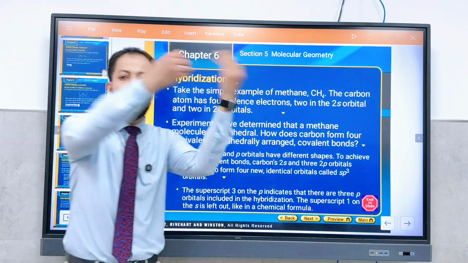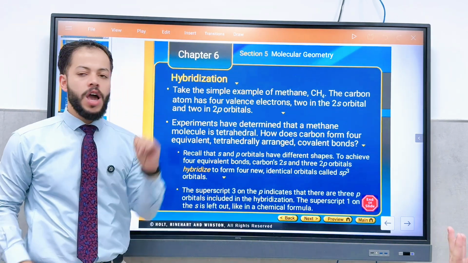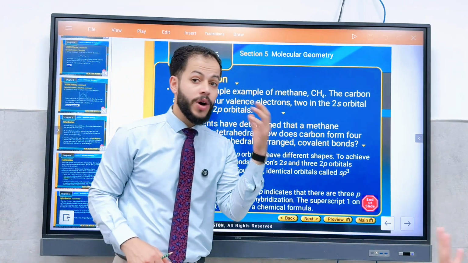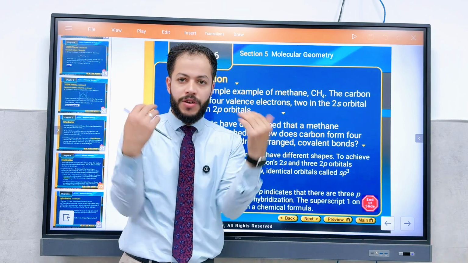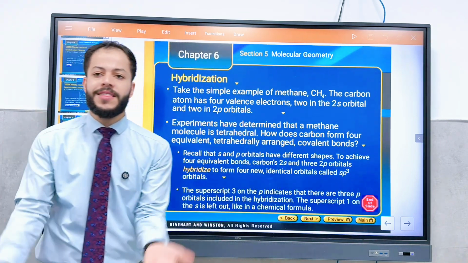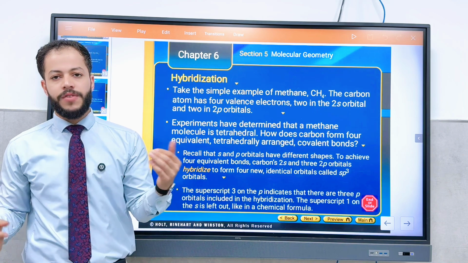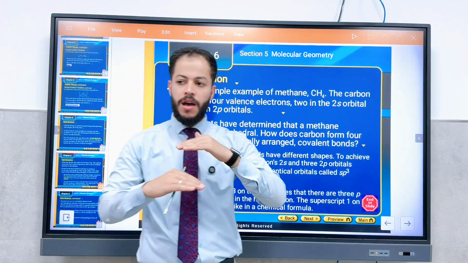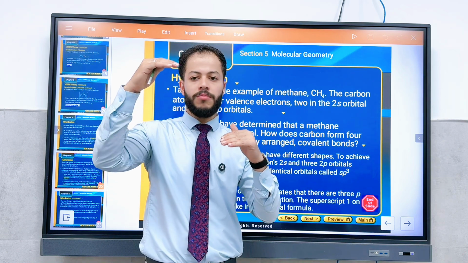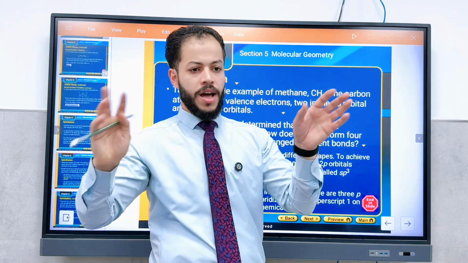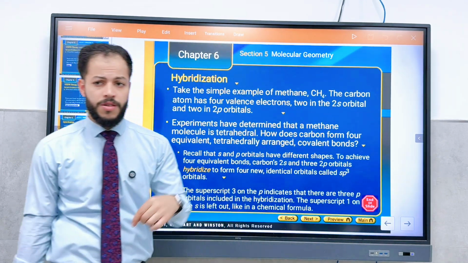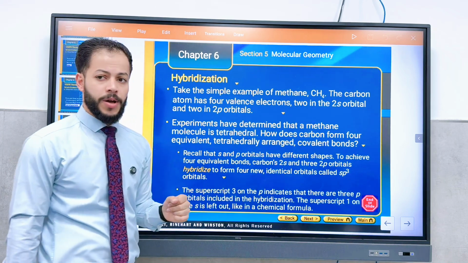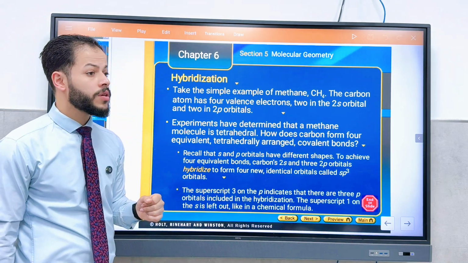To form how many hybridized orbitals? 4 hybridized orbitals. Equal in what? In energy. Because if they are equal in energy, they could form a sigma bond. Okay? There is a difference. A single covalent bond we name a sigma bond. If it's a double, the one down is called the sigma and the one up is called the pi. You don't have to explain the sigma and pi bonds in this section. We will explain it in the upcoming courses.